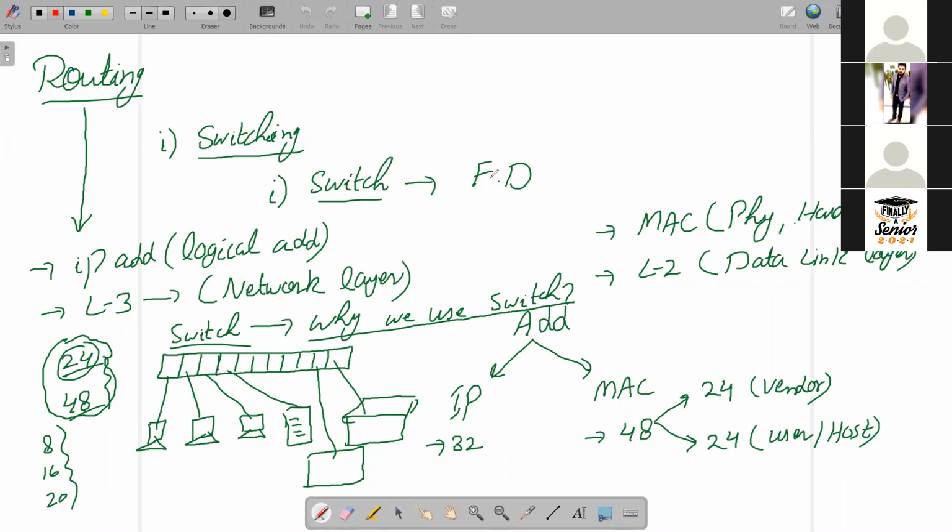Sorry, I can't hear you clearly. To make a network. I can't hear you. Keep traffic going between two devices on the same network or multiple devices. All right.